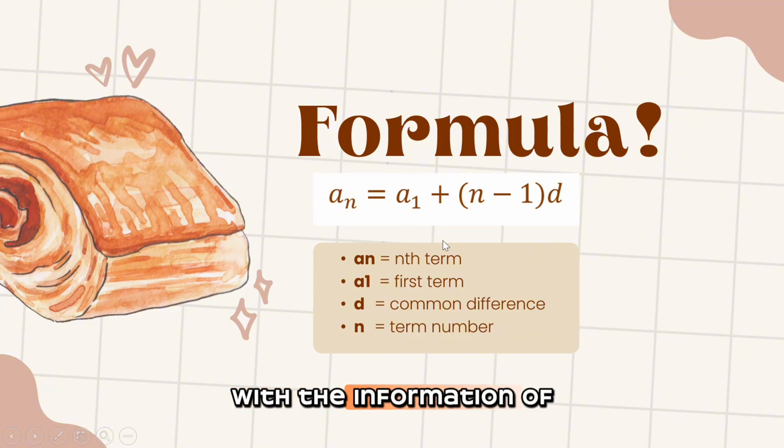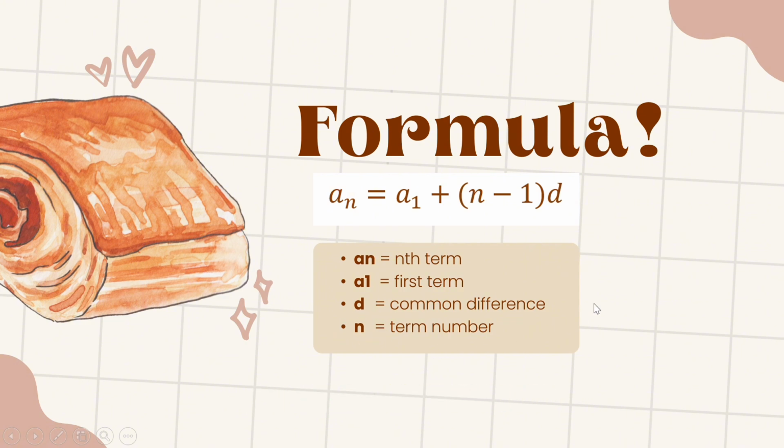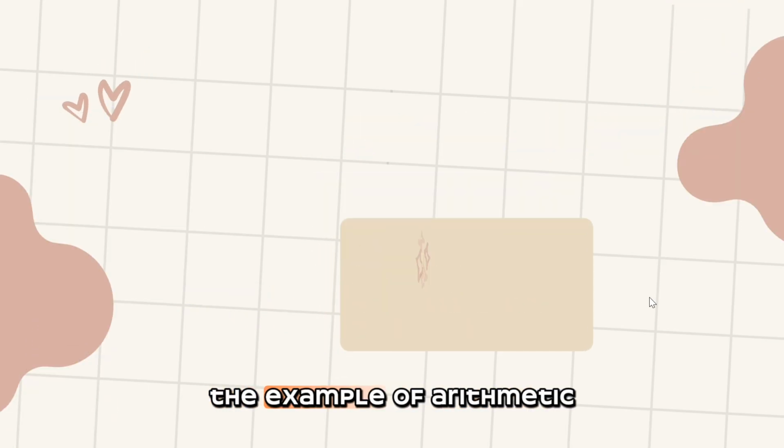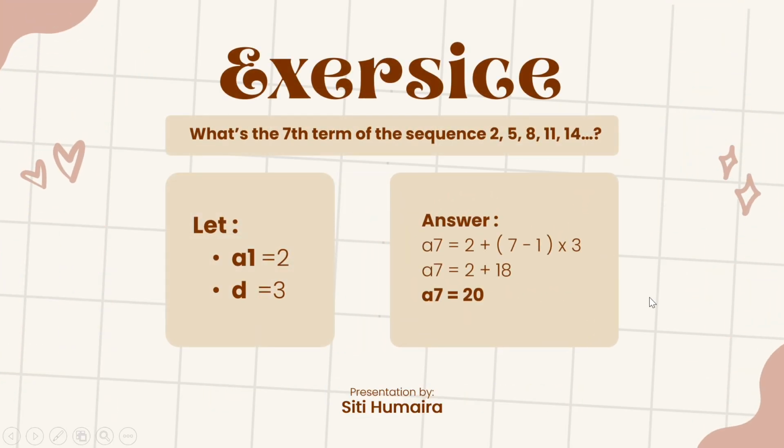With the information that an is the nth term, or the term that we want to find, a1 is the first term, d is the common difference, like I said before, n is the term number. Simple, right? So let's jump to the example of arithmetic sequence.